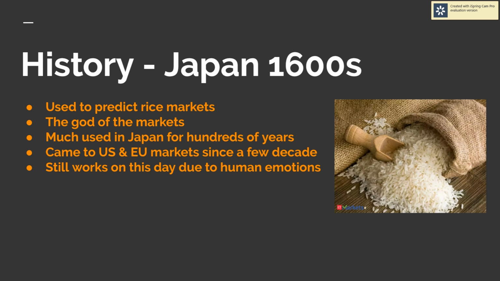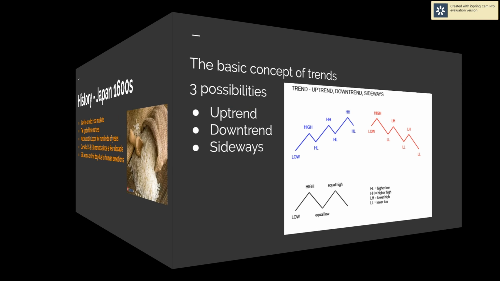So yeah, I think it's pretty safe to say that technical analysis is quite an upcoming trend. Yeah, and as I said on the previous page, it still works to this day due to the human emotions, because they don't change.